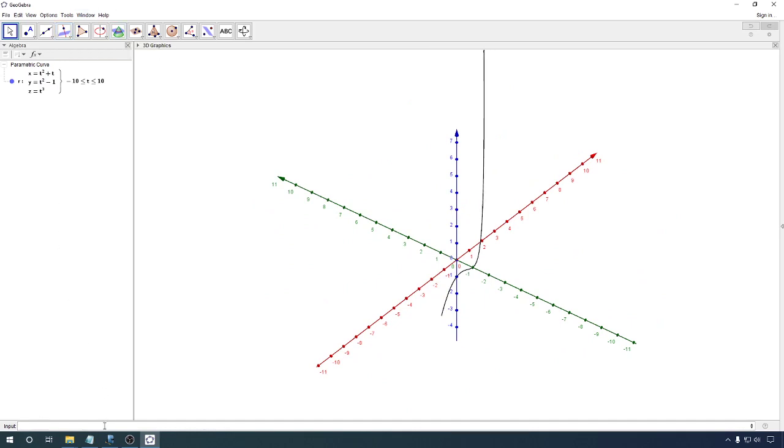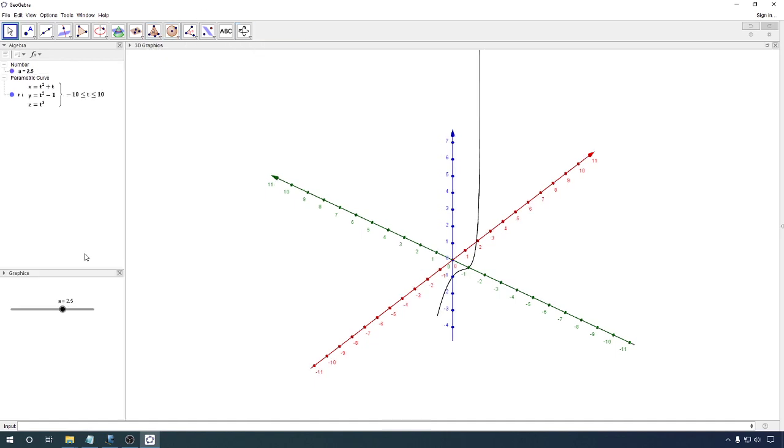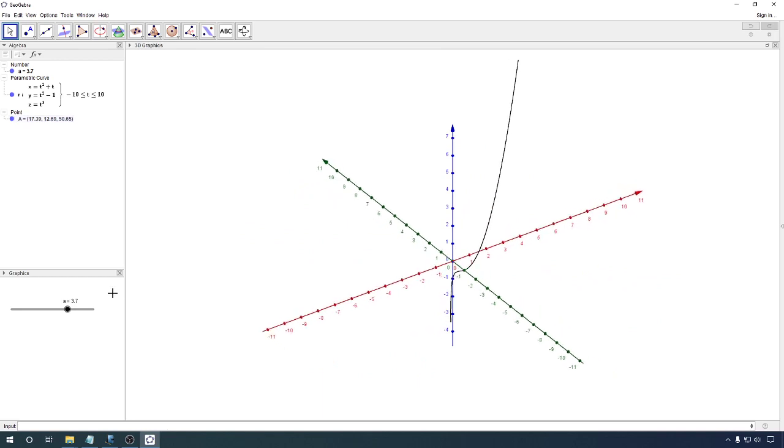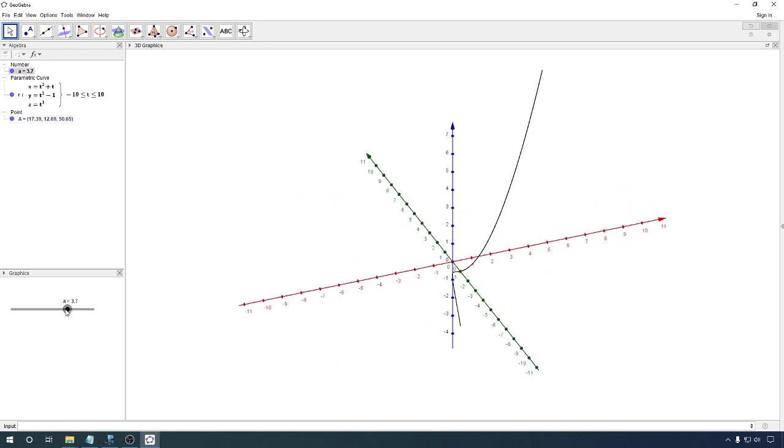But actually, let me make a slider. Alright, now we have a variable a that we can plug into our curve and get points on the curve. In fact, let's go ahead and plot the point on the curve at a. It didn't show up, but that's just because our parameter was a little too far along.